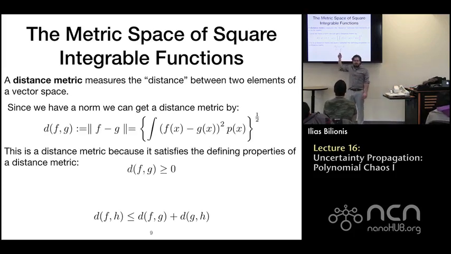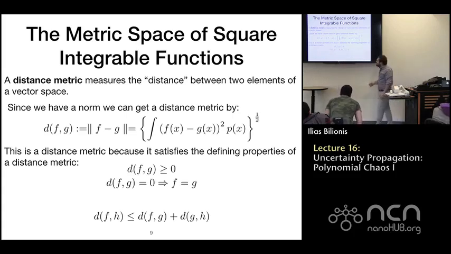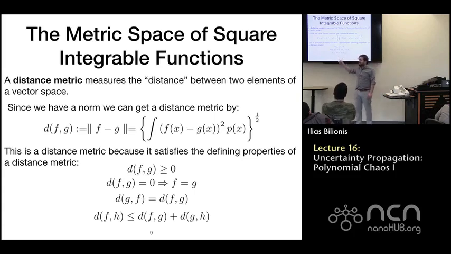The distance between any 2 points is positive, obviously. The other property is that if the distance between two things is 0, then we're talking about the same thing. And it is symmetric. The distance between g and f is the same as the distance between f and g. Makes sense.